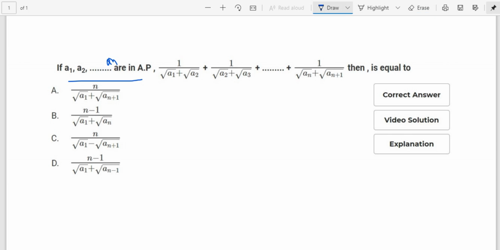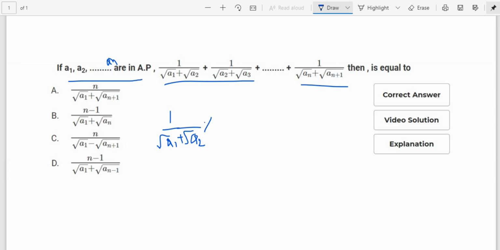Now what I have to do is take the first term, 1 by root a1 plus root a2, isn't it?